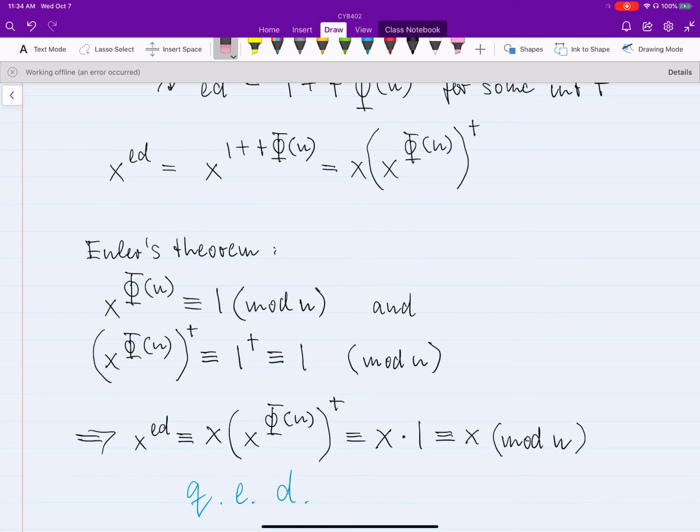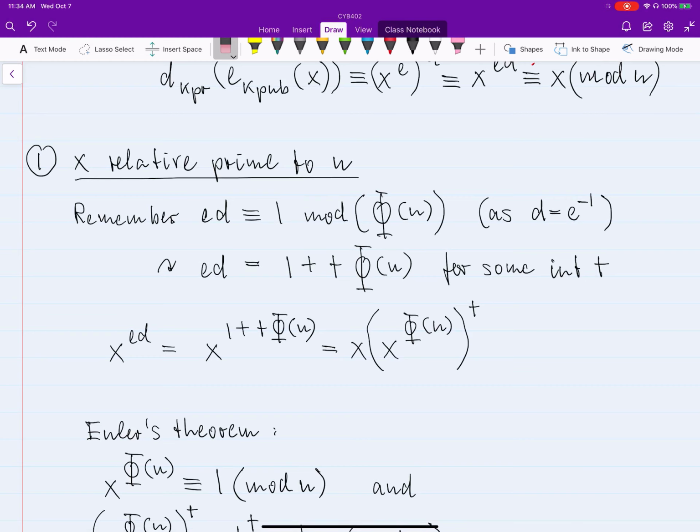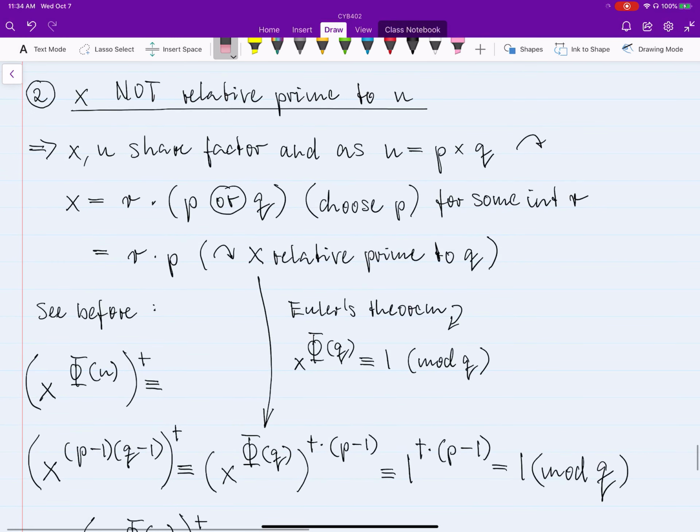The second part of the proof is where x is not relative prime to n and Euler's theorem is not applicable using mod n. So how can we prove RSA to be correct in that case? It's a rare case, but we need to still care about this case because it's a possibility, as x could be anything.